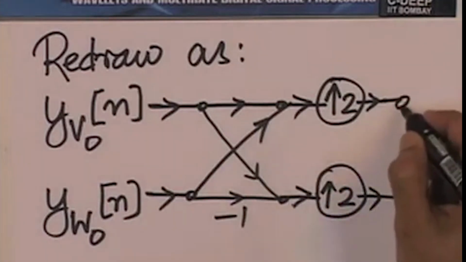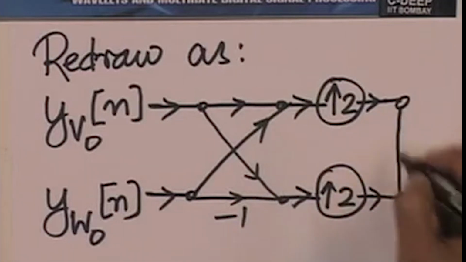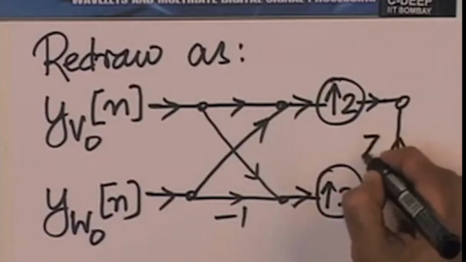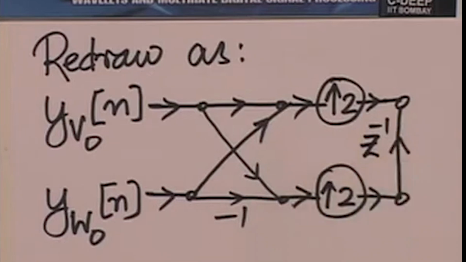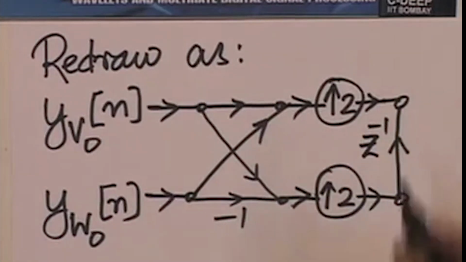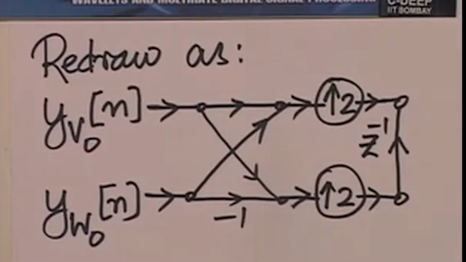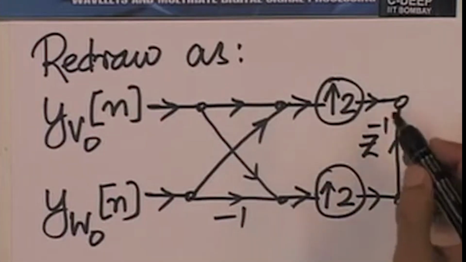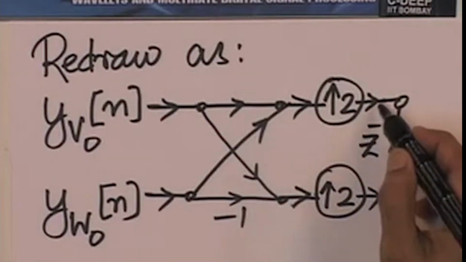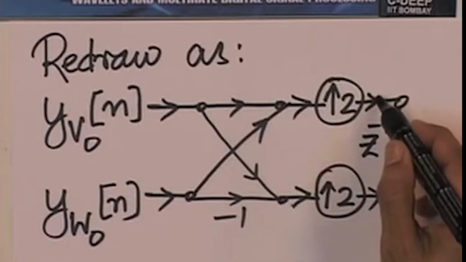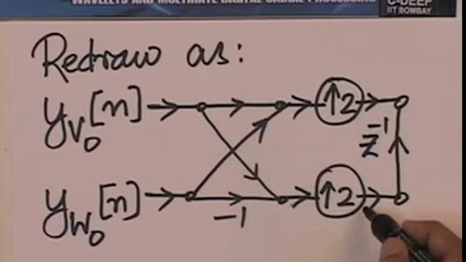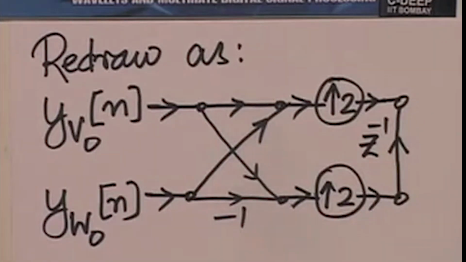So, here I need to put a delay operator in the z domain, which is z to the power minus 1. What does this z to the power minus 1 do? It shifts this by one step forward. So, if you notice, at the 2nth point it is this which will come, and this would come not at the 2nth point, but at the next point, the 2n plus 1th point.